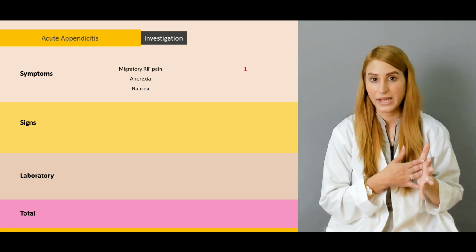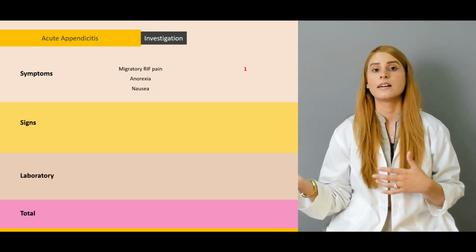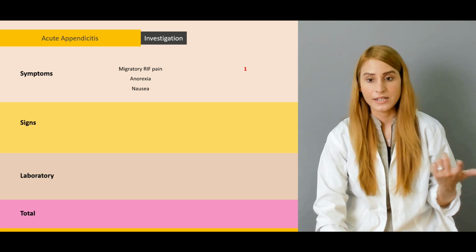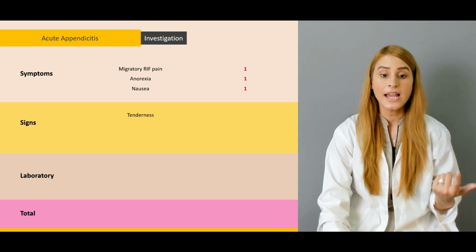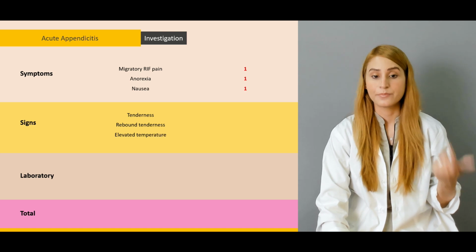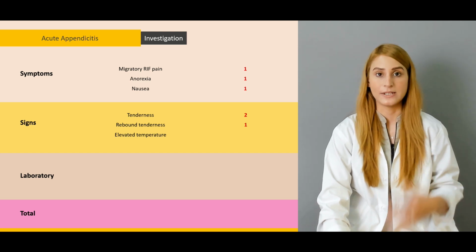Migratory right iliac fossa pain means the pain started in the central abdomen and then shifted to the right iliac fossa. So it has a score of 1. Anorexia is 1, nausea is 1, then tenderness in the right iliac fossa, rebound tenderness, and elevated temperature. Tenderness is 2, rebound tenderness is 1, and elevated temperature is also 1.